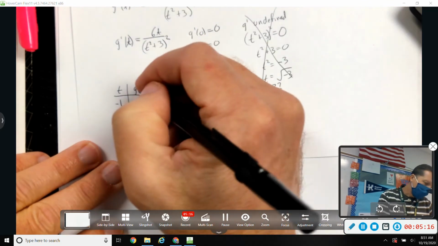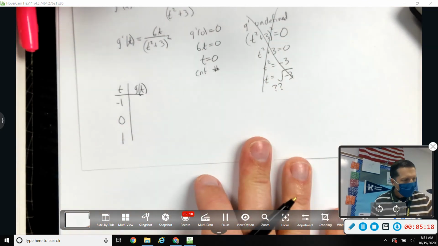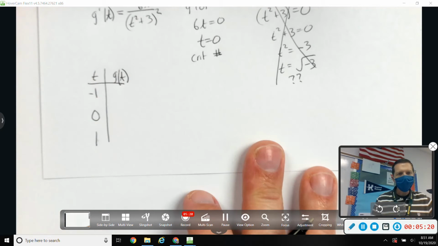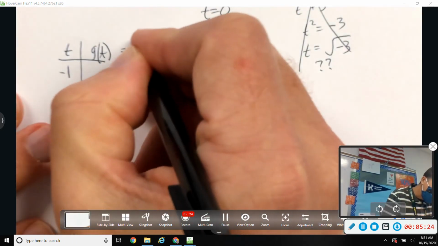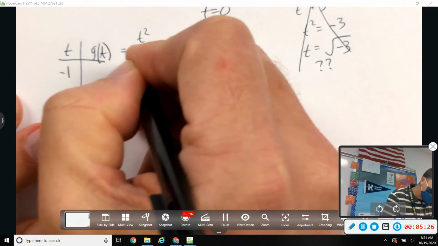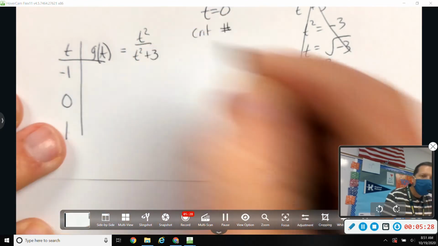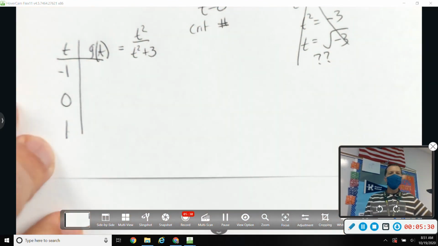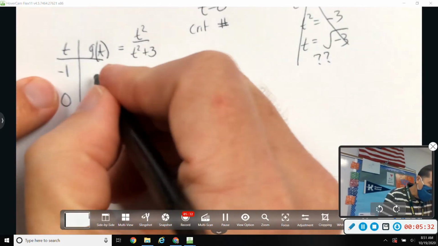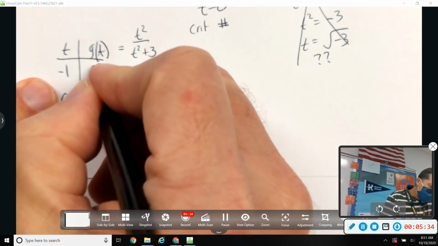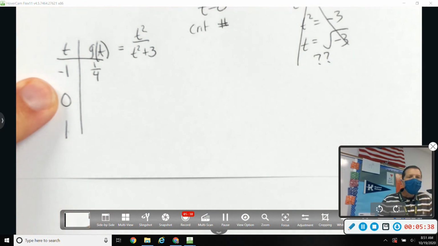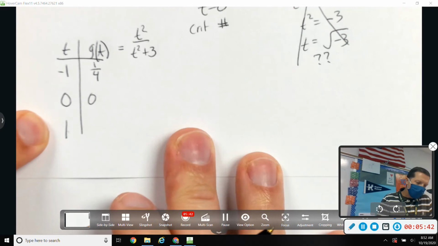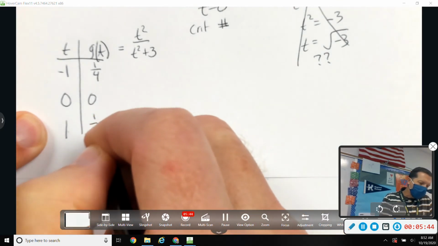And so g of t was kind of a weird function, but if I'm only having to check zeros and ones, surely it's not too bad. If I plug in -1, I get 1/4. If I plug in 0, I get 0. And if I plug in 1, I also get 1/4.